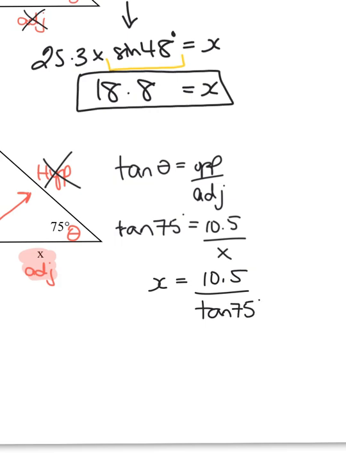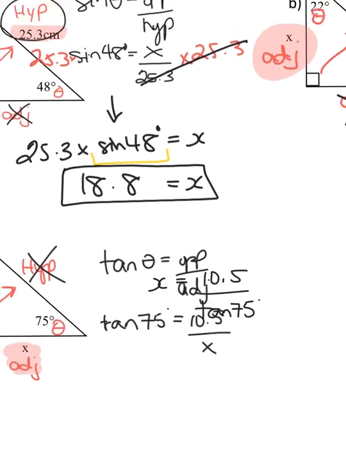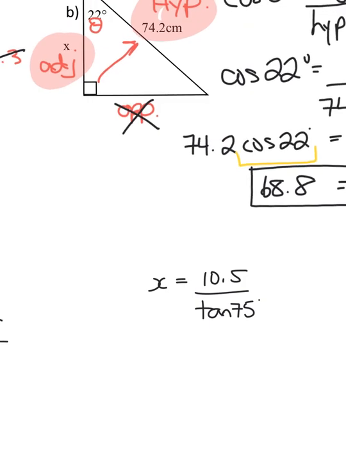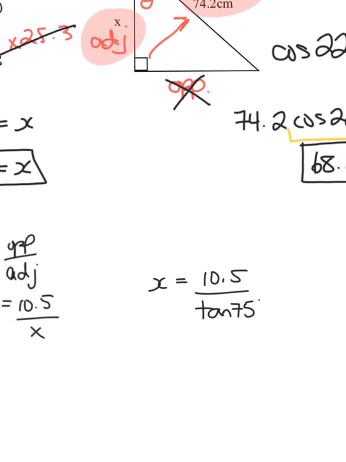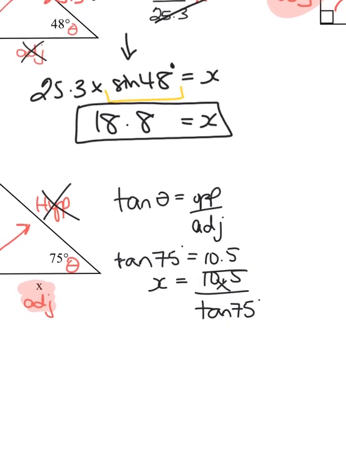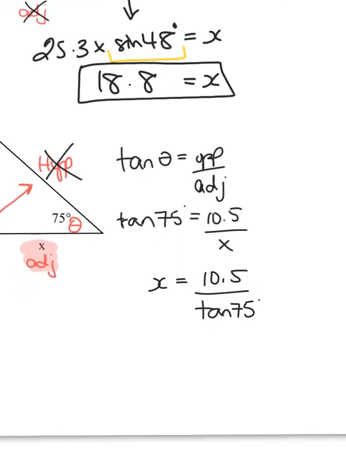So multiplying both sides by x and dividing out the tan 75 will give you this expression here. So when x is on the bottom, it becomes a division question. When x is on top, like the other ones, it was a multiply. So this time, tan ends up on the bottom.